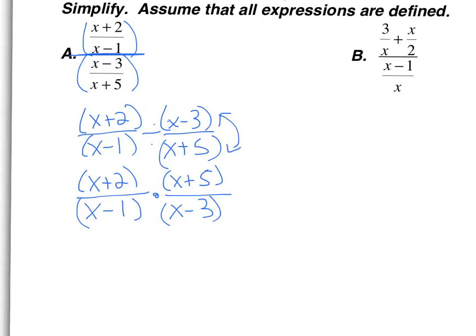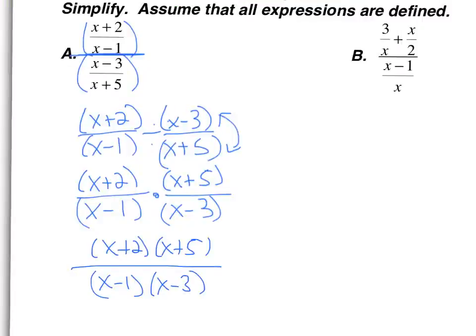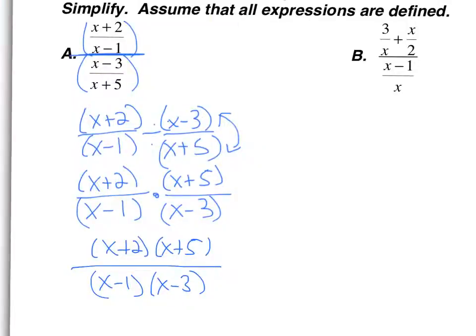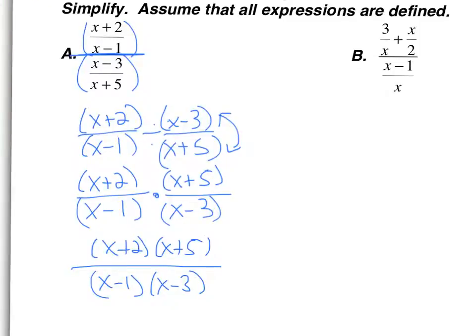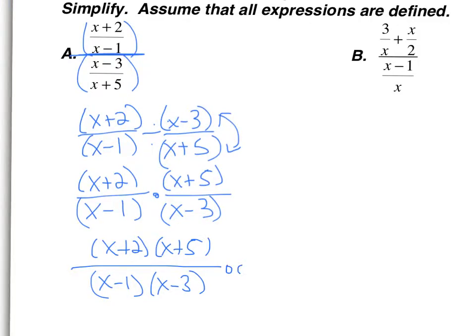Then I can multiply across. So I end up with x plus 2, x plus 5, all over x minus 1 times x minus 3. And if we look at it, no factor in the top or the bottom is the same as each other, so we can't cancel anything out. So depending on what use we have for this rational expression, we can either see it as x plus 2 times x plus 5 over x minus 1 times x minus 3, or we can FOIL it out.